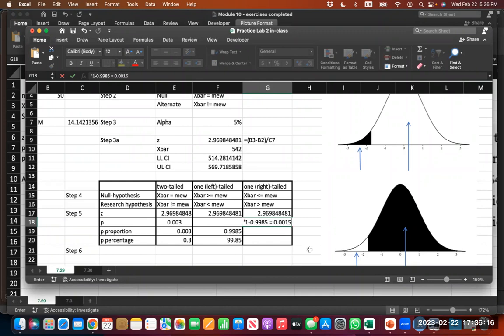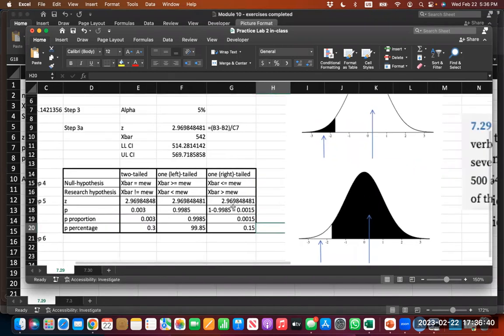So there's now 0.0015. This is 0.15% as our p-value. So we know now this is significantly rejected. So X bar is not smaller or equal than mu. It's greater than mu with a probability of 0.15%.